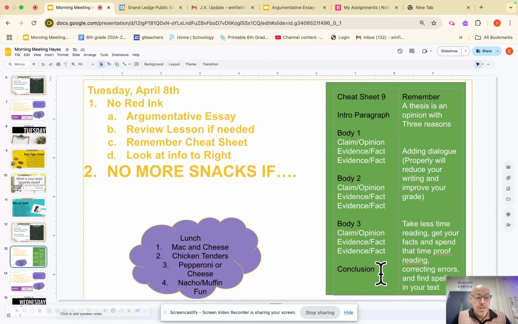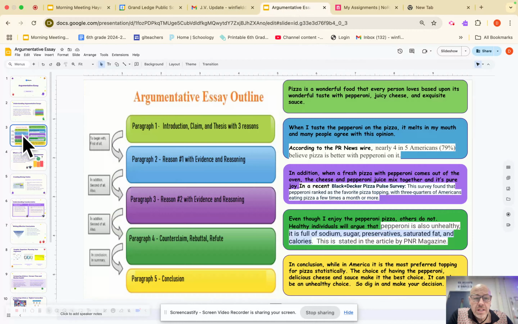Now let me go a little bit deeper and show you an example of what that looks like that we went through in class, which is this. I gave you the example in class of pepperoni pizza. And remember, the green here is going to be my argumentative introduction. The blue is going to be paragraph 2, or as I like to say, paragraph 1 of the body. Either way.